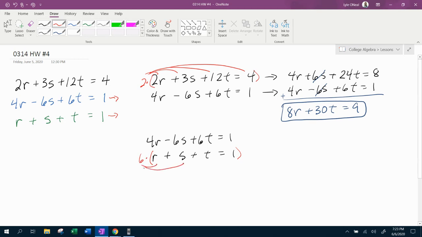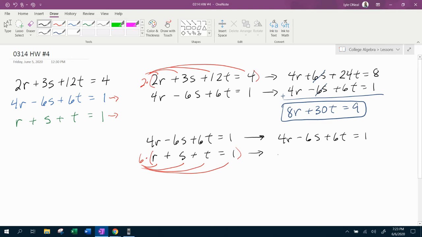So we're going to distribute a 6 to all of the terms in the second equation, and that's going to give me, again, I'm just going to copy and paste the first one, 4r minus 6s plus 6t equals 1.